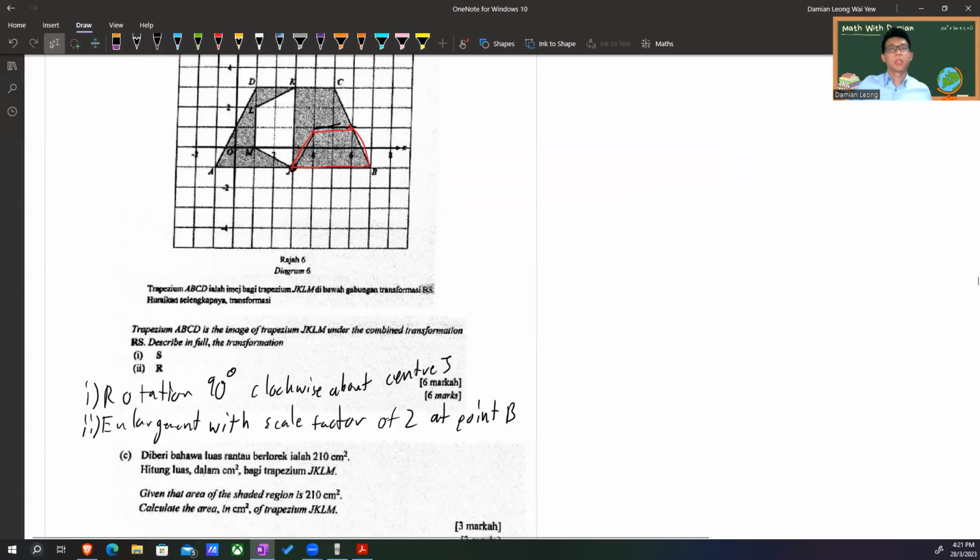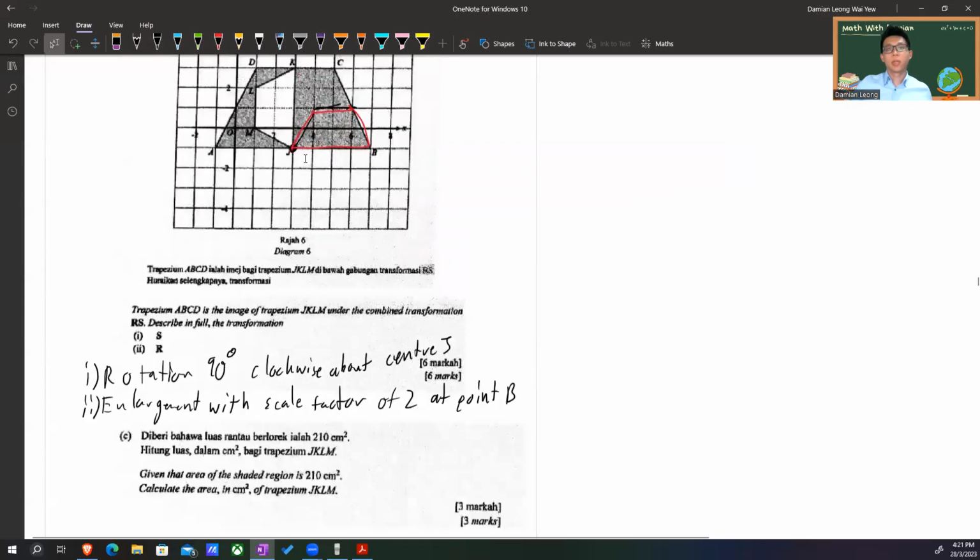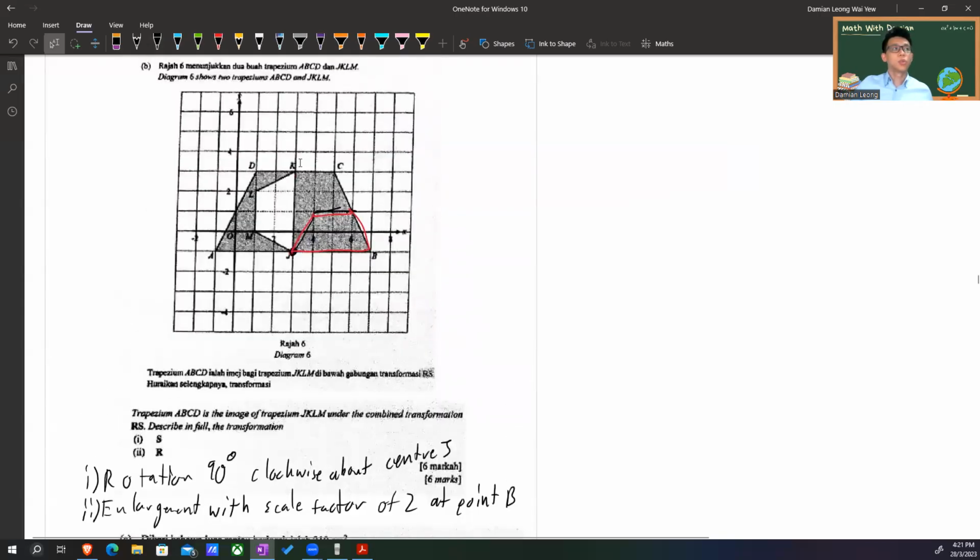There are also other ways of looking at it. You can also enlarge first. If you enlarge first, I would say it's a bit more confusing. So how do we enlarge first?